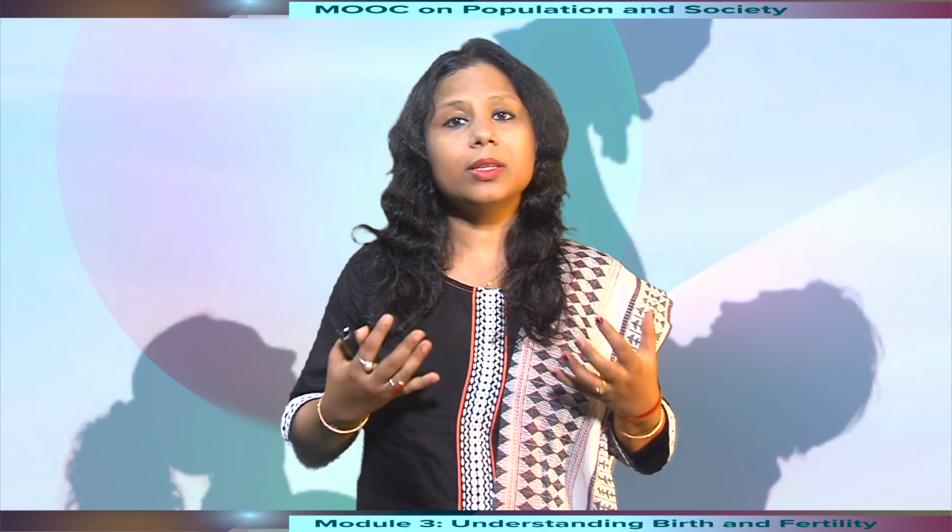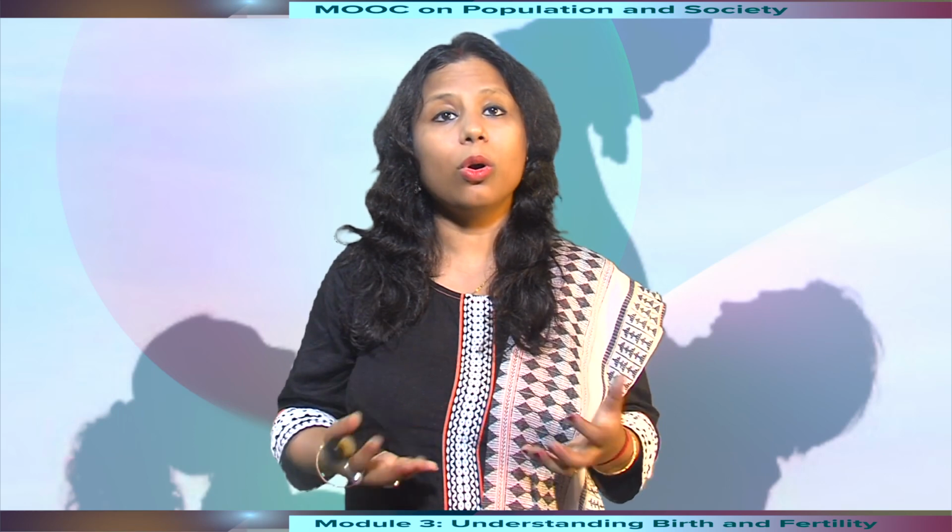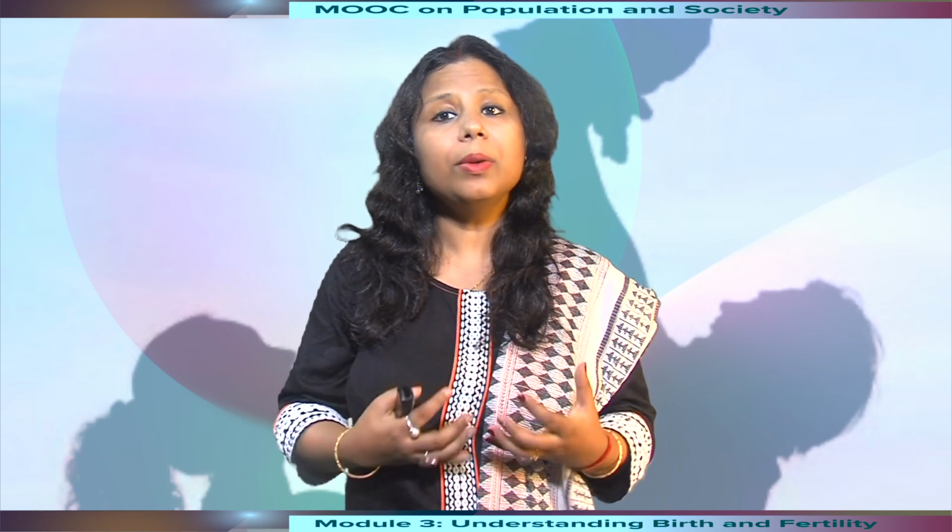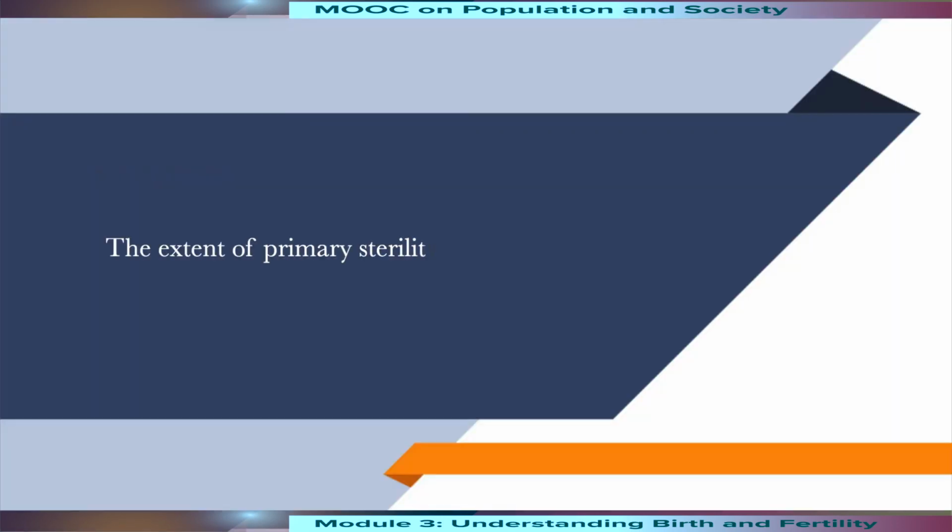Now, what is primary sterility and secondary sterility? Primary sterility means that a couple who has never had a child in their life, either by their own choice or due to their inability to have a child owing to biological conditions. The extent of primary sterility varies with the age of marriage of the females also.